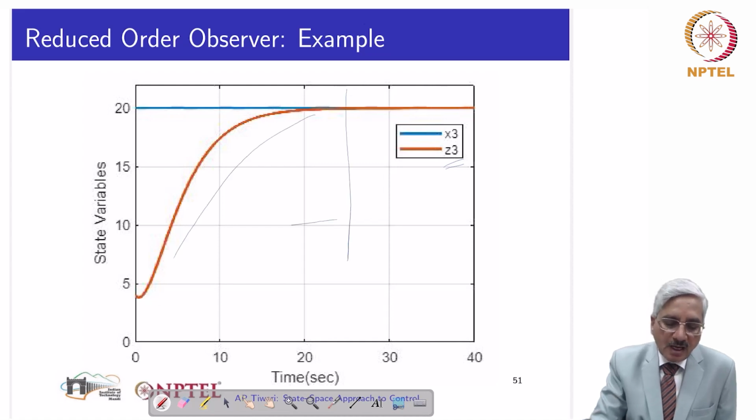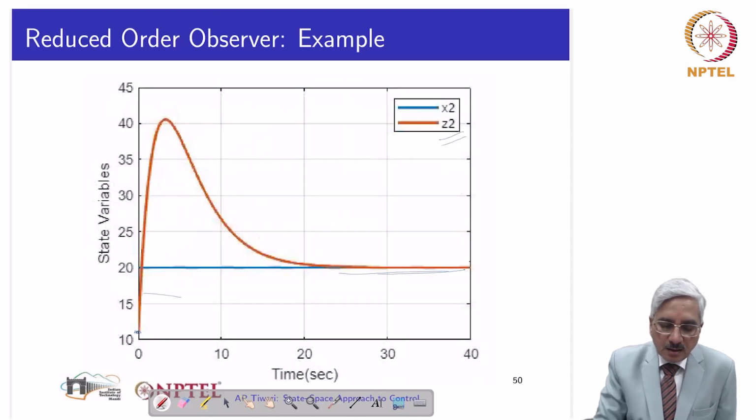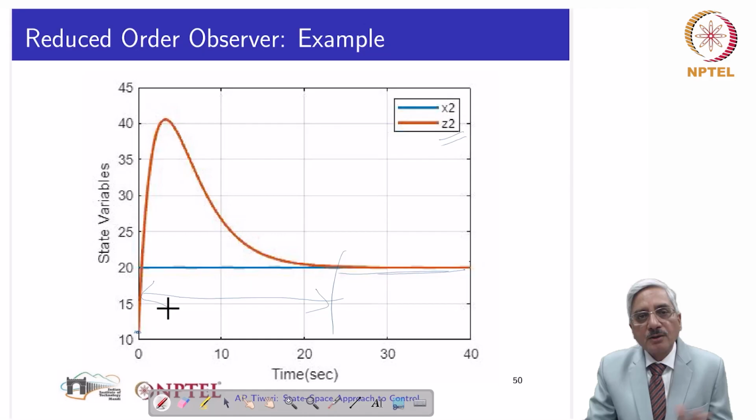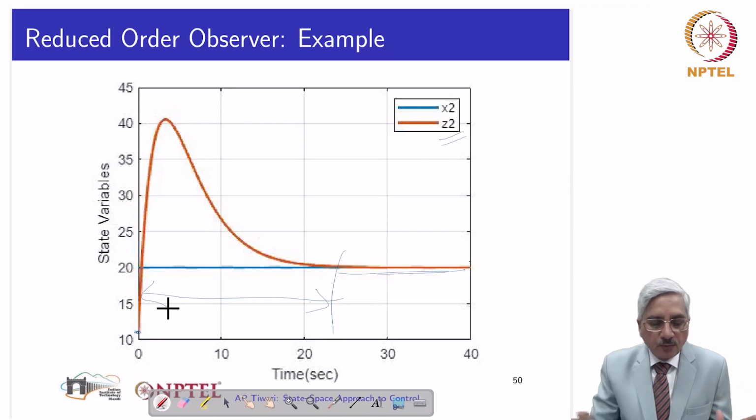And this time for this initial transient is purely dependent on the pole locations we choose for the observer. The poles far to the left from the origin will yield a faster response.